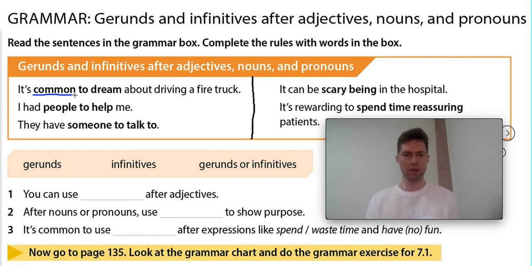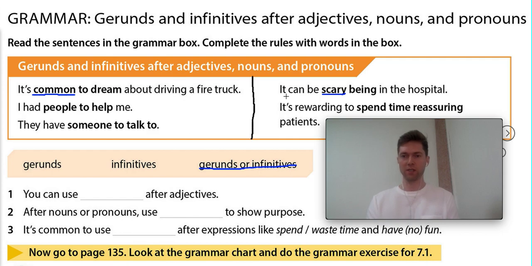Common is an adjective, yes. People is an adjective? No, it's a noun. Someone is an adjective? No, it's a pronoun. Scary is an adjective? Yes. And spend time is not an adjective. So we can see that we use both gerunds or infinitives after adjectives.